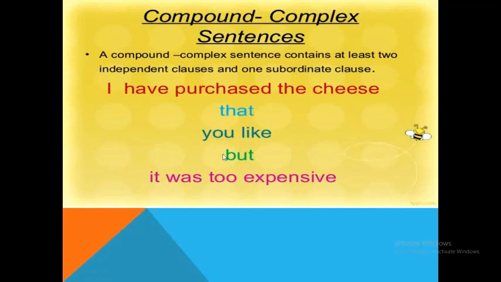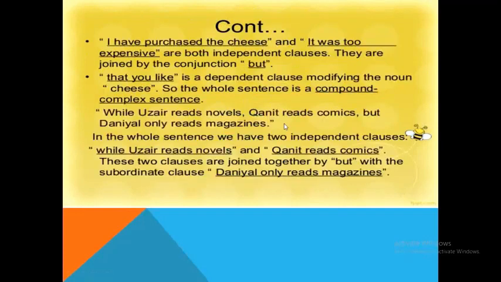So in such sentences where there are two independent clauses and one dependent clause, they are called compound complex sentences. So boys, it's just a revision of what I have just explained to you.